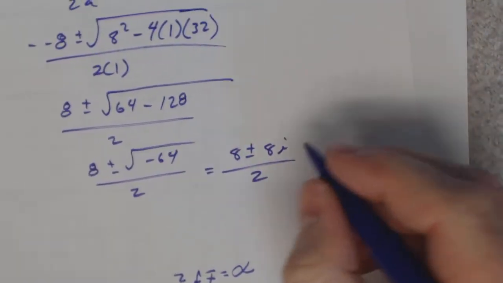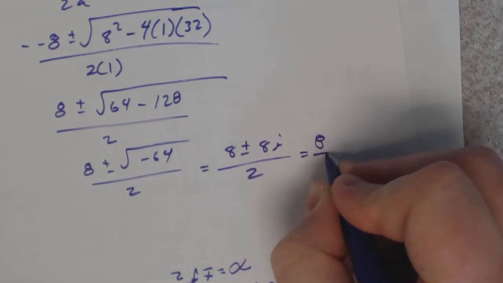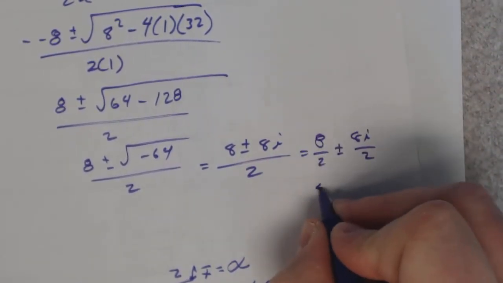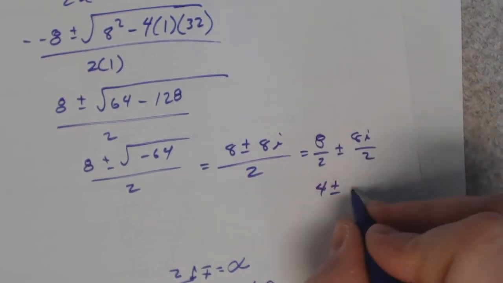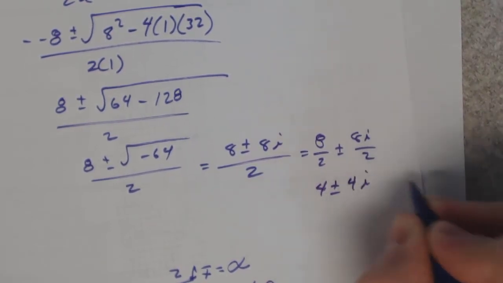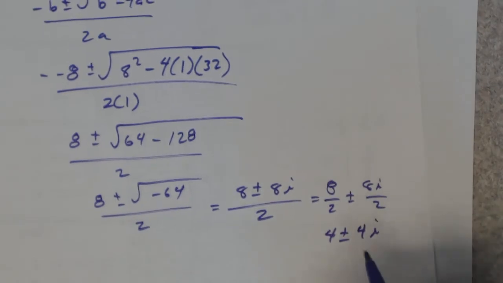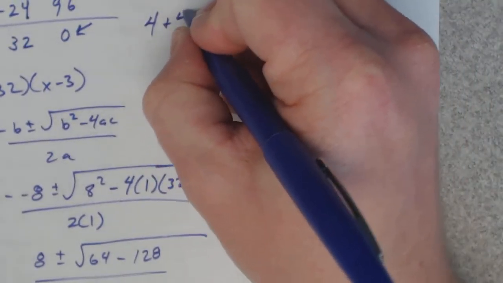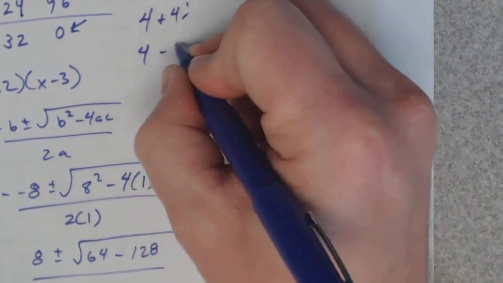And then both these get divided by 2. So 8 over 2 is 4, and 8i divided by 2 is 4i. So my other two zeros would be 4 plus 4i and 4 minus 4i.